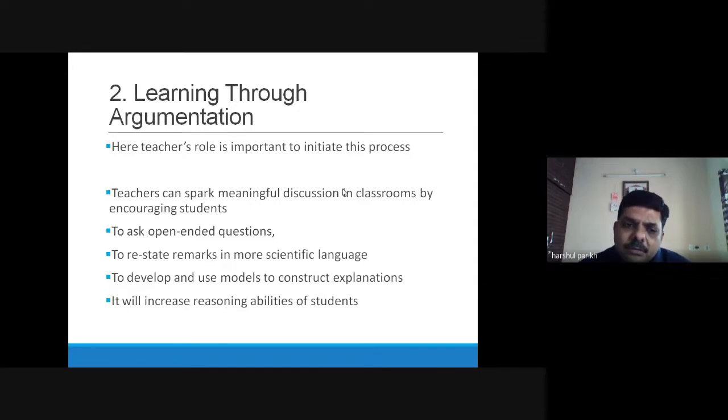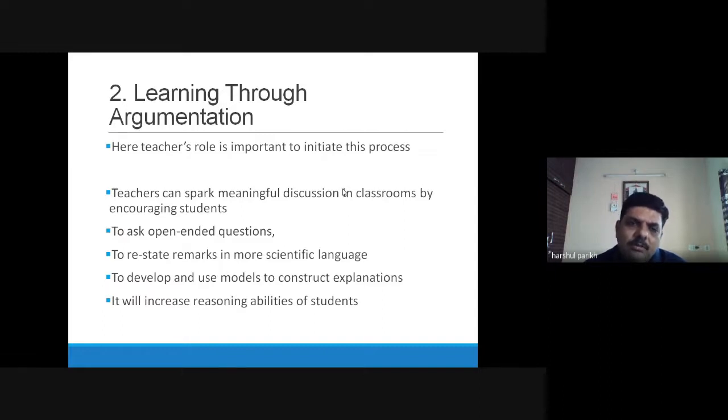Teachers can ask students to restate remarks in more scientific language, to develop and use models for constructive explanation.